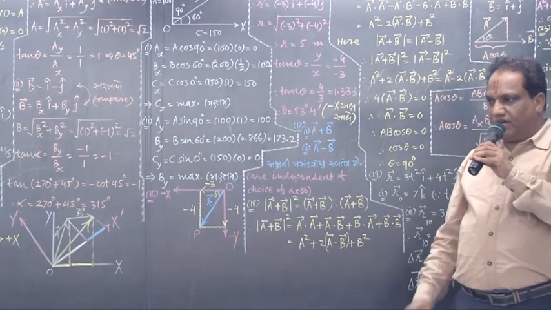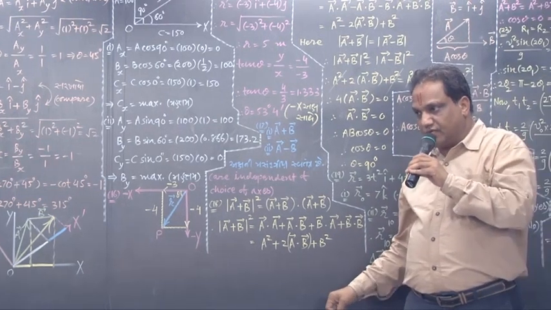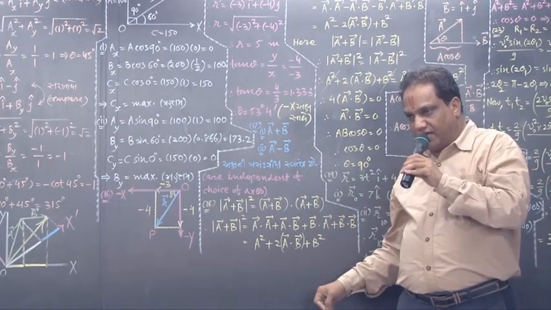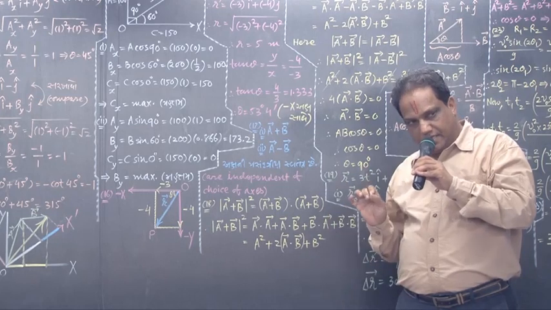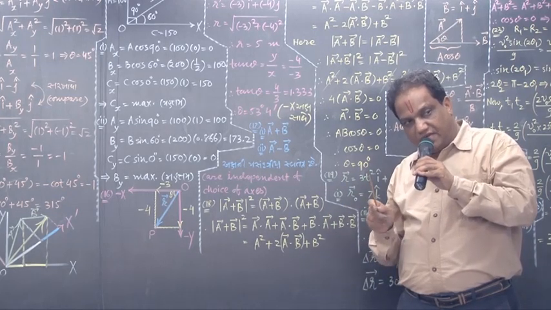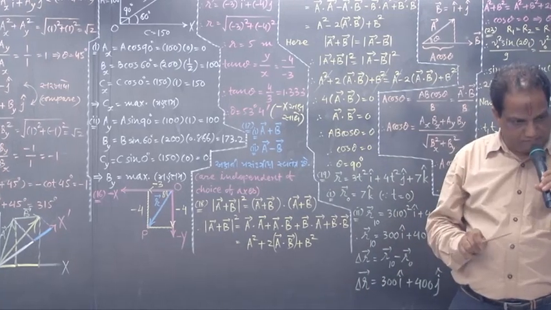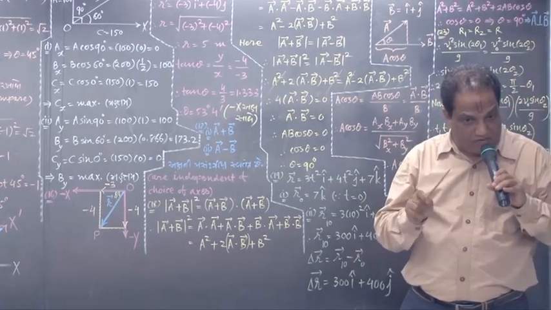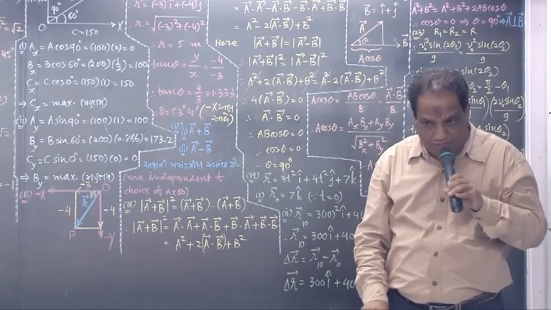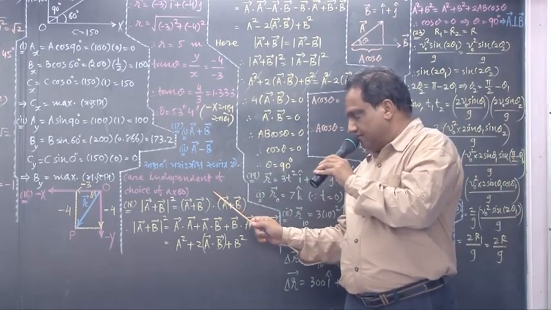What is vector A dot vector A? A square. So dot product of any vector taken with itself gives you square of its magnitude. Look here.